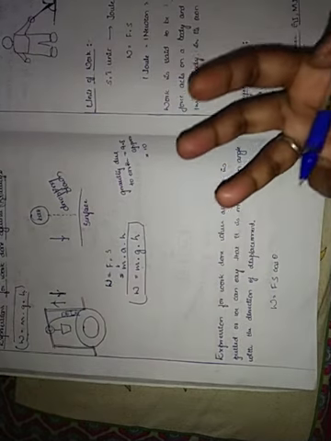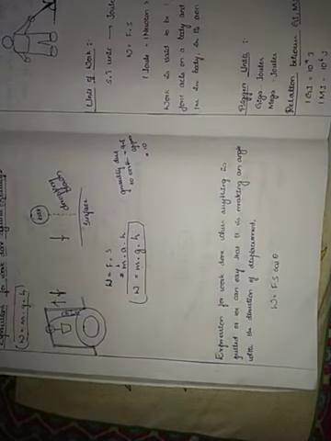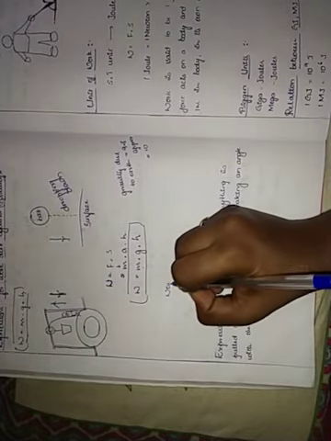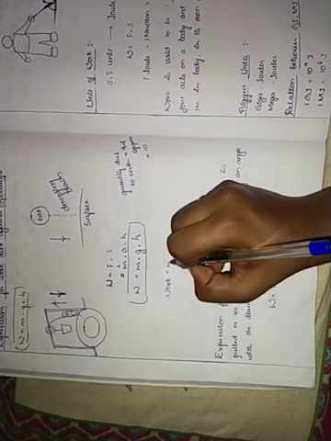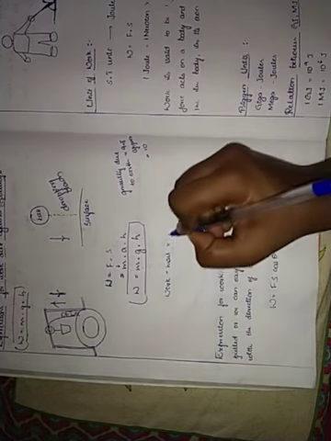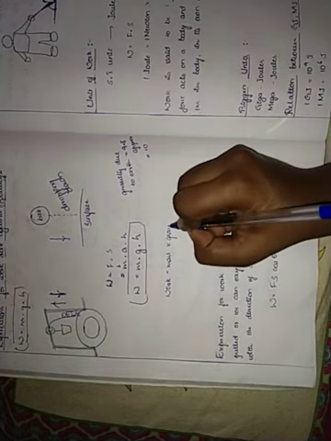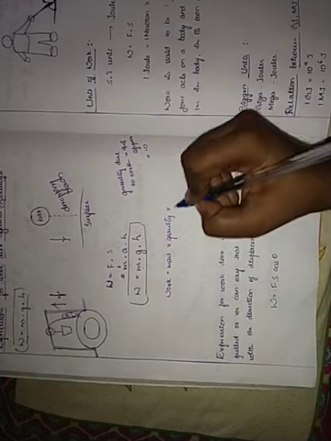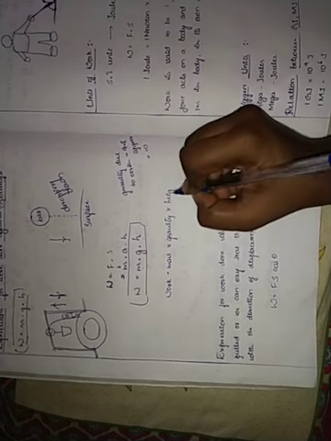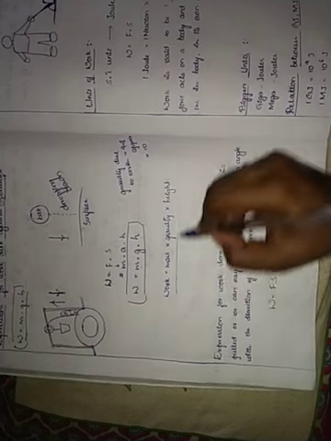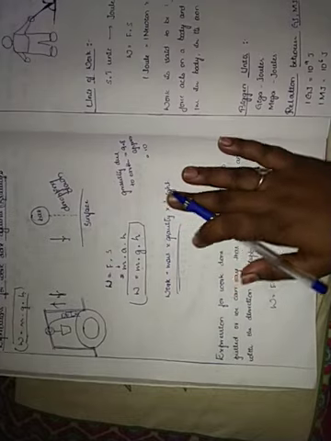So this is the expression where work is equal to mass into gravity into height. This is the formula in order to calculate the work done.